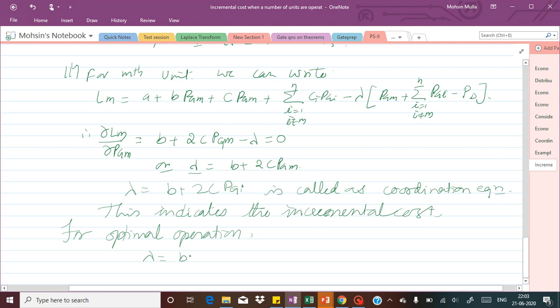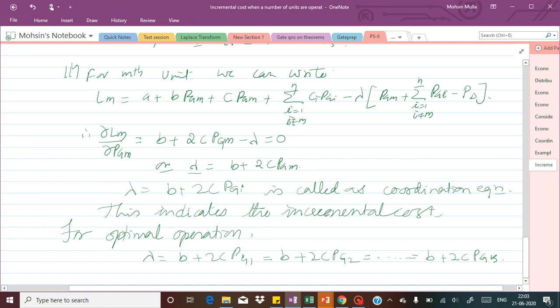So lambda should be equal to b plus 2c Pgk, that should be equal to b plus 2c Pgm, that should be equal to, or you can generally write this for unit 1, unit 2, and so on, b plus 2c Pgk, or any other term you want to write.